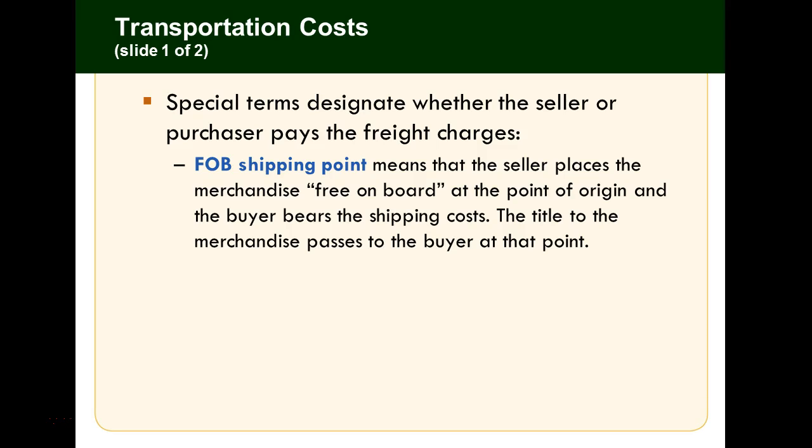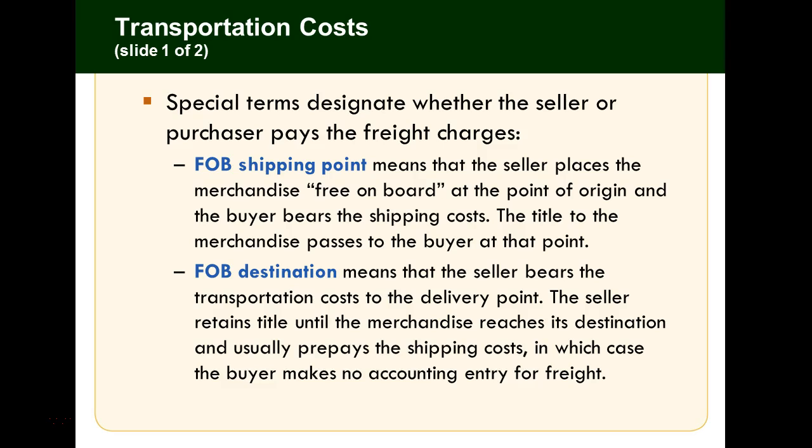It's important to know that the title to these goods passes over to the buyer at the shipping point. If the terms say FOB shipping point, then the buyer assumes title to those goods at that point.